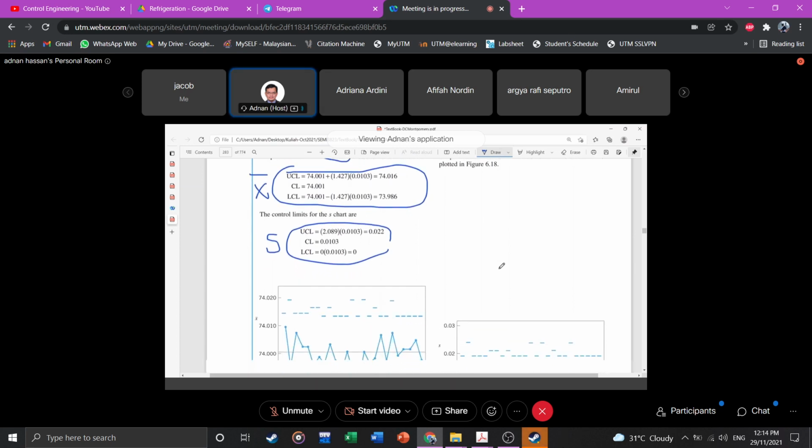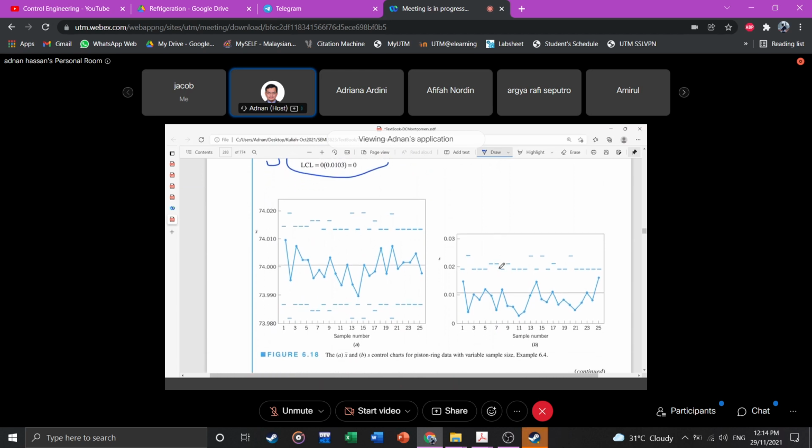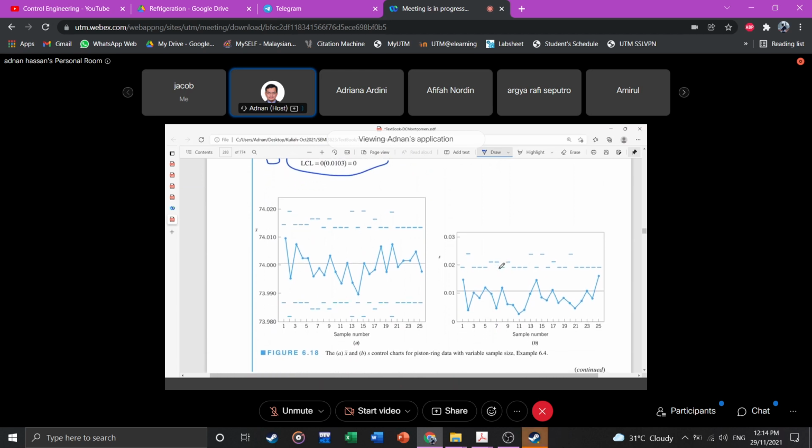Now when we plot, you may see differences from the earlier one. What do you observe in this chart, which uses variable sample size? How is it different from the earlier chart?